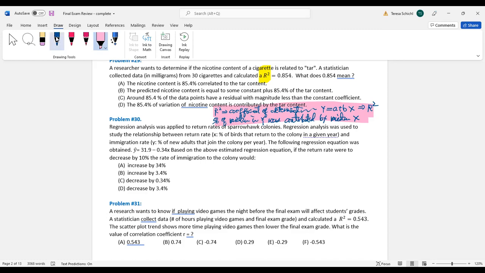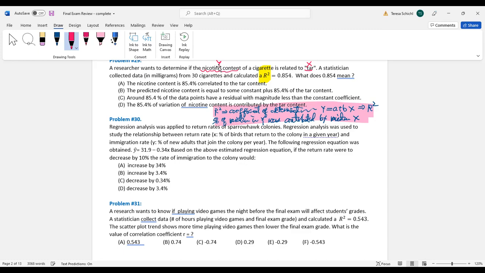Okay, so now let's take a look at our problem here, right? We said nicotine contents. The statistician wants to determine whether the nicotine contents of the cigarette were related to the tar here. So the nicotine contents is related to the tar. So let's say the tar is X. So 0.854, before we look at the answers, what does that mean here?